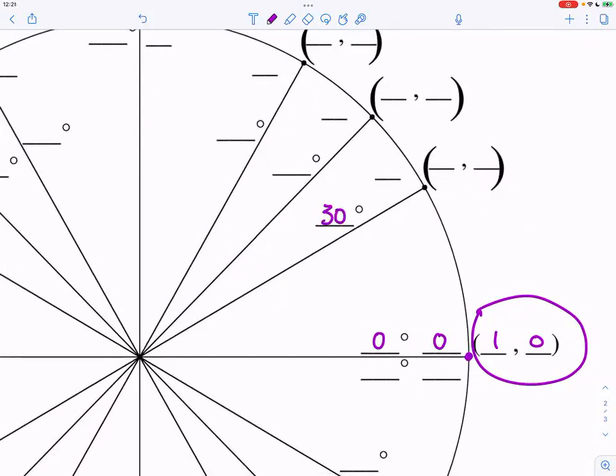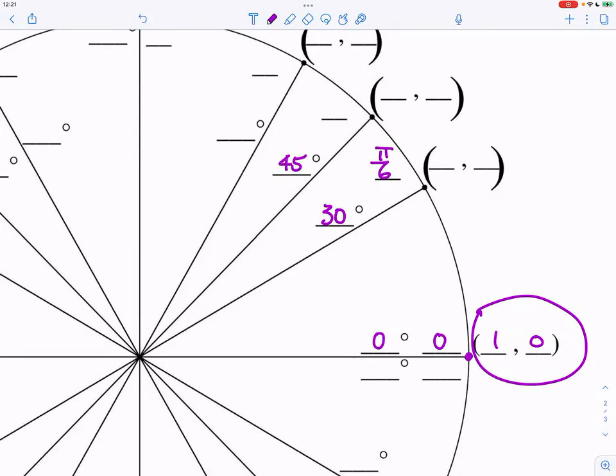This will be 30 degrees. What is the radian measure of 30 degrees? Pi over 6. Very good. The next angle will be 45.